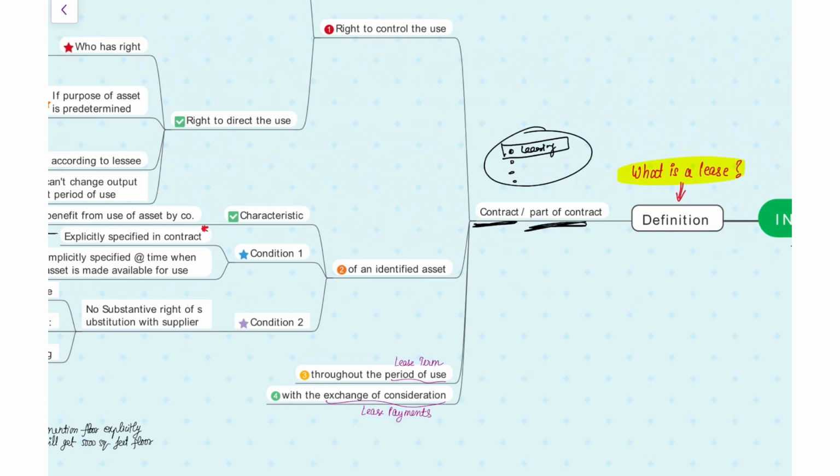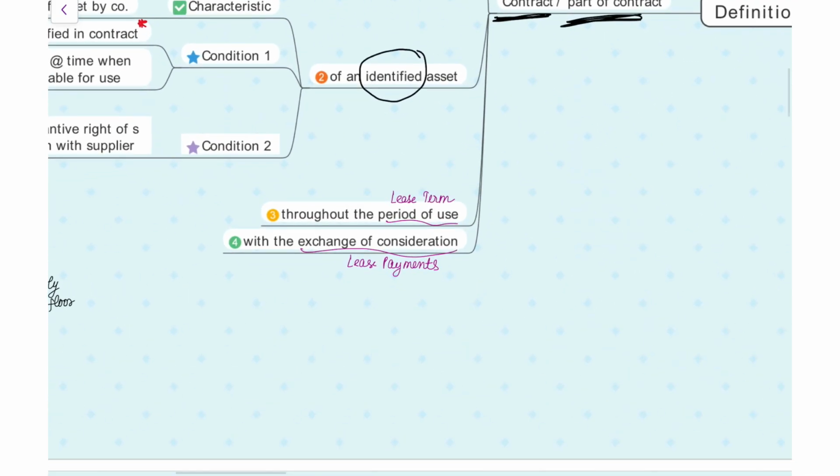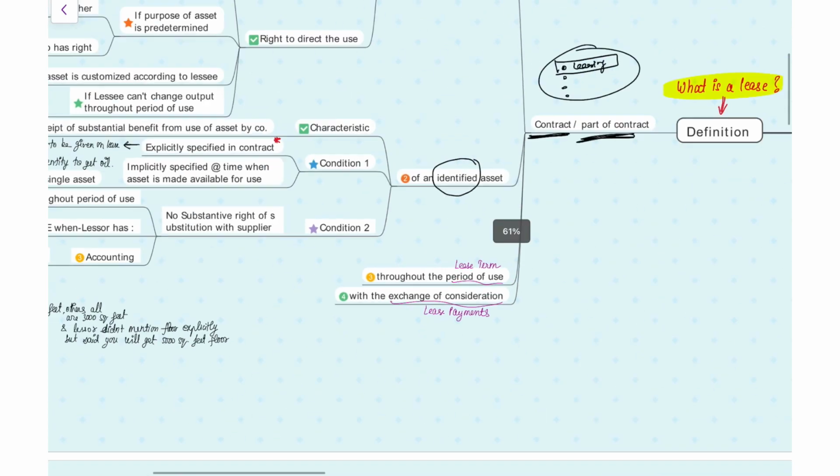One is that the lessee should have the right to control the use of the asset, and that asset should be an identified asset, and it must be for a specific period of time. The lessee must have a specific period of time in which it can use the asset in exchange for consideration, which the lessee will definitely pay. I am not sure if it is clear to you all now, but we will go through this one by one so it becomes clear.